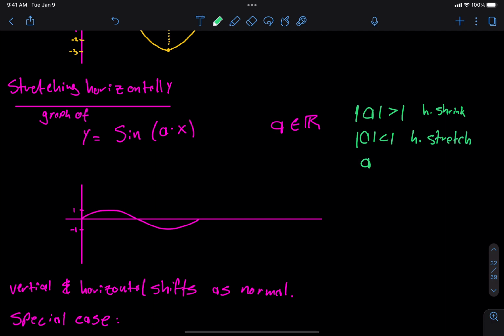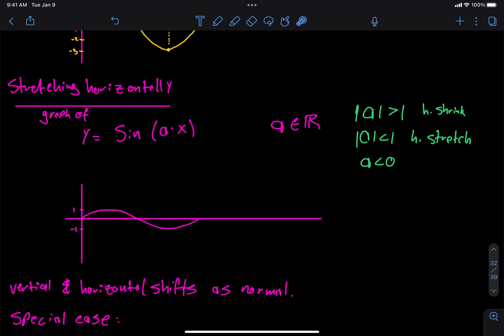And if a is negative, what's going to happen? What's going to happen if a is negative? Good guess, though. What is going to happen if a is negative? How is that going to affect things?